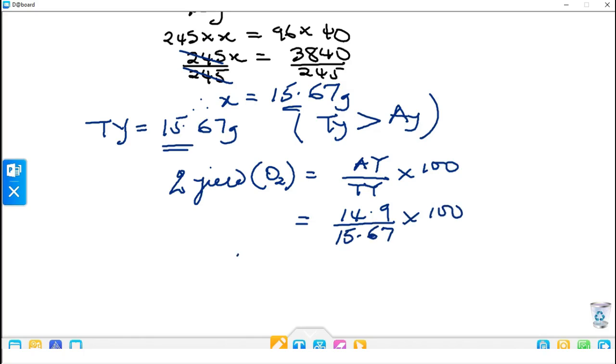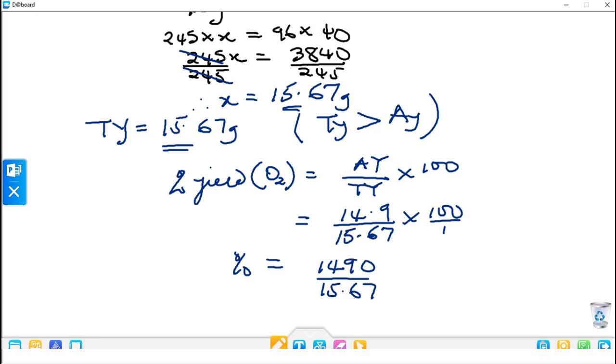So our percent yield will be equal to 14.9 times 100 over 1. That gives us 1490 divided by 15.67.